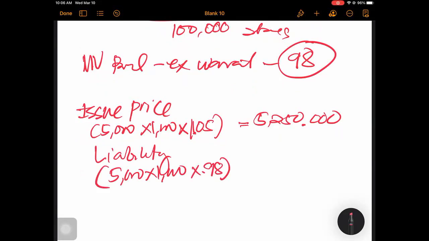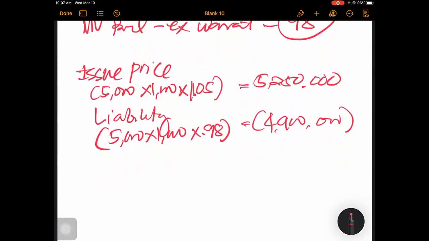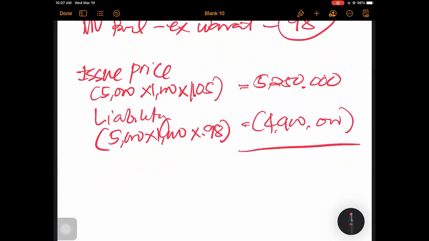Therefore, the liability component of the compound instrument is equal to 4,900,000. So the residual balance is your equity component. That's 5,250,000 minus 4,900,000, that's 350,000.